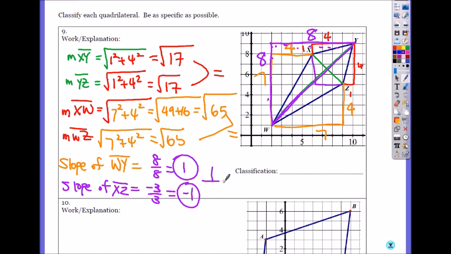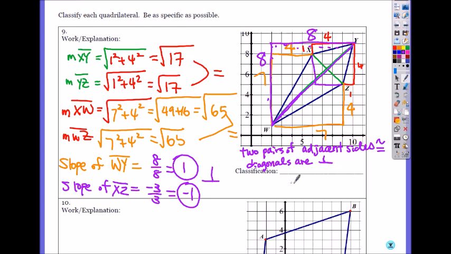You have to explain it. So two pairs of adjacent sides are congruent, and diagonals are perpendicular.